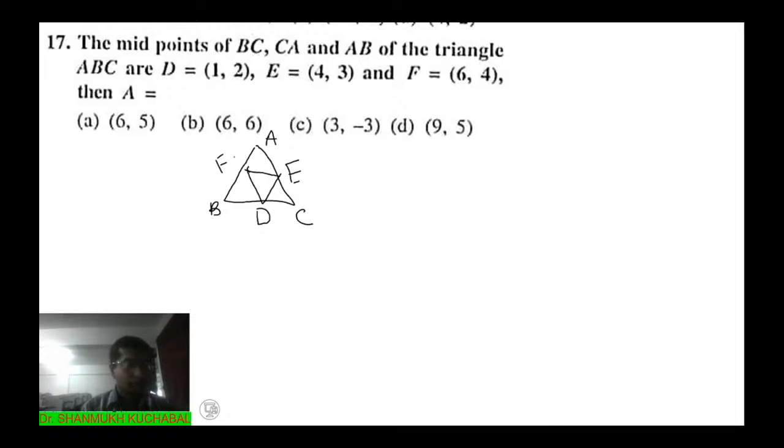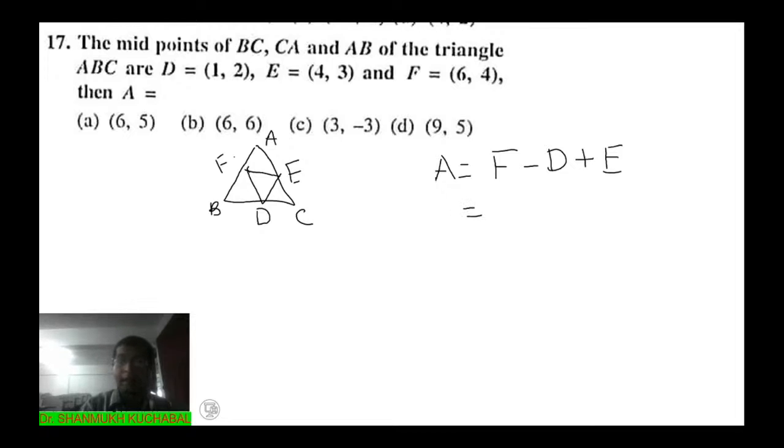Then we'll calculate the point A. Once again we use the note, A equal to F minus D plus E. This is the formula.